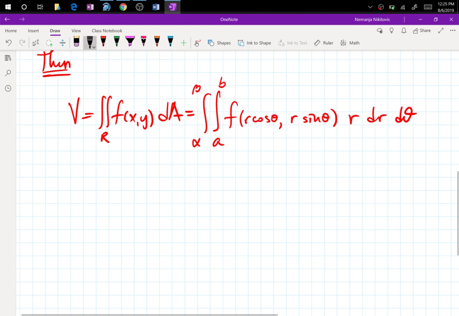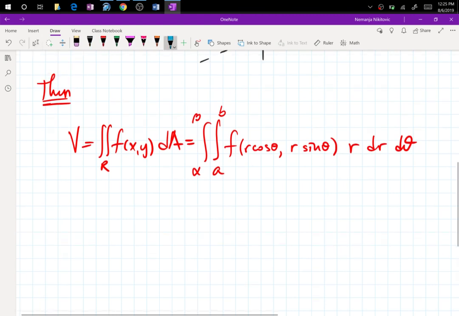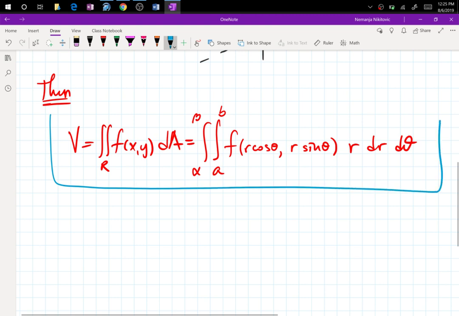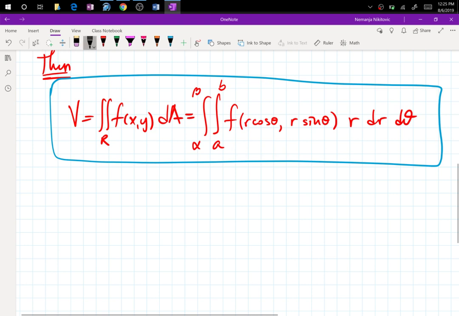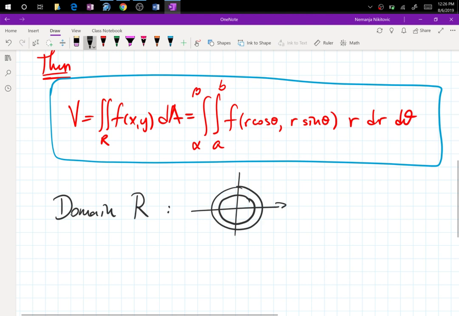So this is the formula that you use if you have the simplest case. Say you are integrating a domain, region R, given as the annulus, which is something like this, where this is 2 and this is, let's say, 3.